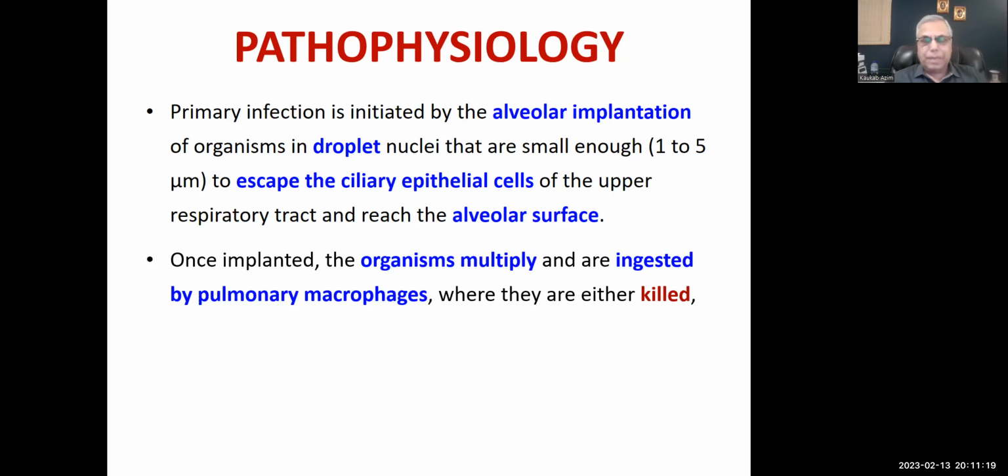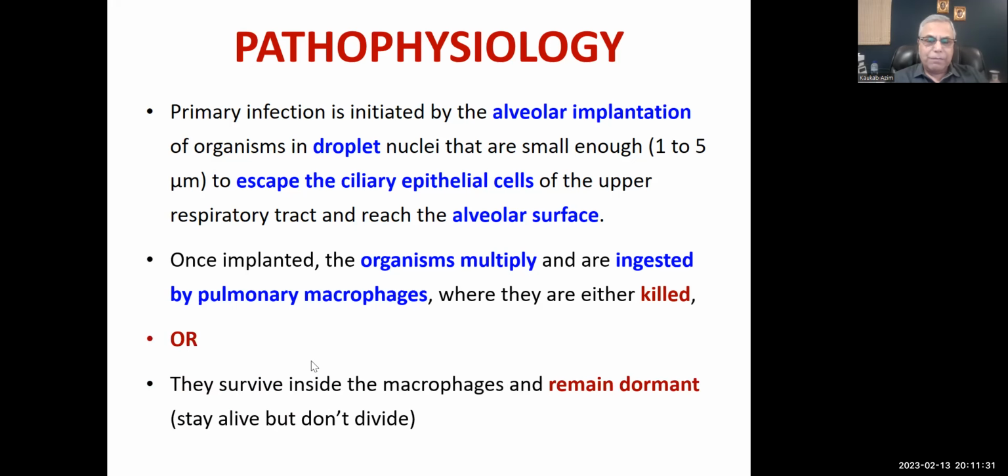So those few droplets might reach the alveoli and the organisms multiply and are ingested by pulmonary macrophages where they are killed, or sometimes, that I'll show you later on, the mycobacteria, due to certain mechanisms that it has, will not be killed, okay? They survive inside the macrophages and they remain dormant, they remain alive, they don't die.